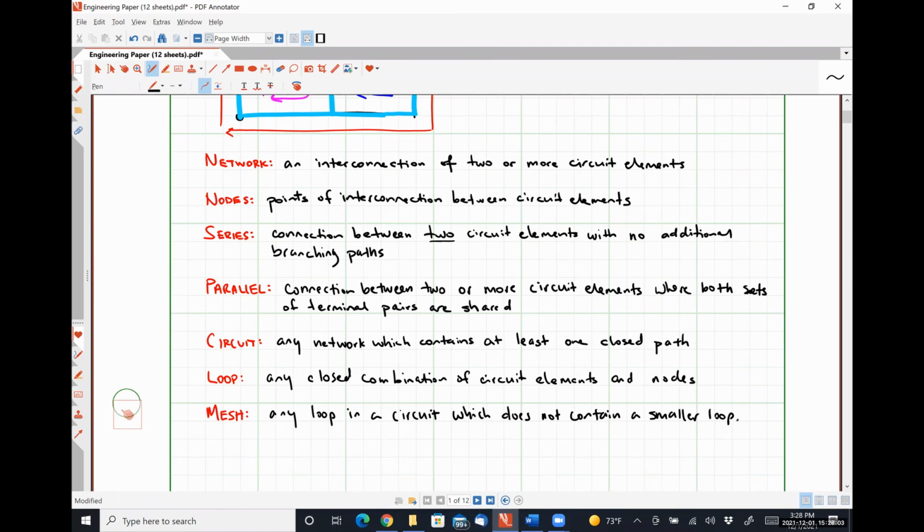Our ability to correctly identify meshes is going to wind up being just as important as our ability to correctly identify nodes in our circuit analysis.